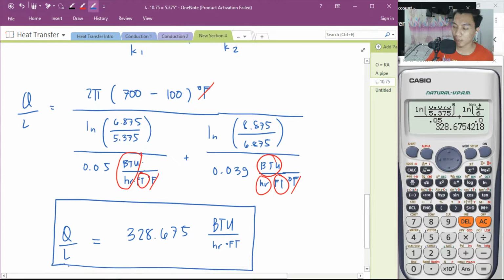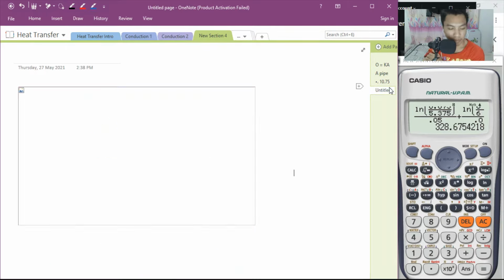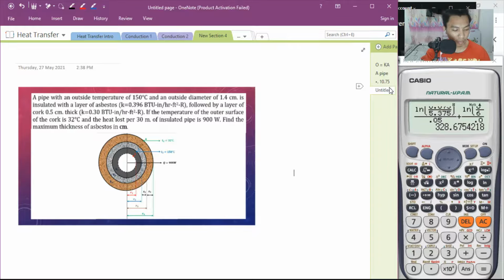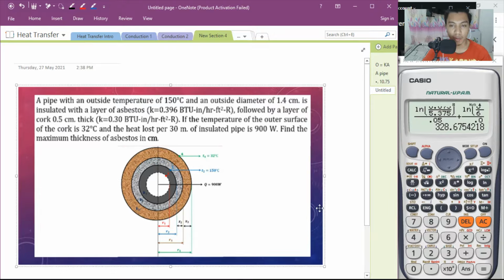How about, sir, problem number 3? Problem number 3. A pipe with an outside diameter of 1.4 cm is insulated with a layer of asbestos. Ayan na naman.